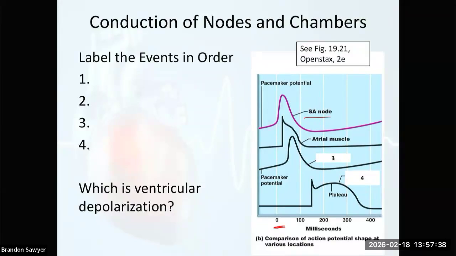Then that spreads down to the next part that's pacemaker, the AV node. So we see the AV node depolarizing and activating. Then we get that little pause, a little bit of space between here. Then we get to the big ventricular muscle, and that is our cardiac action potential we've been looking at with the big plateau phase.